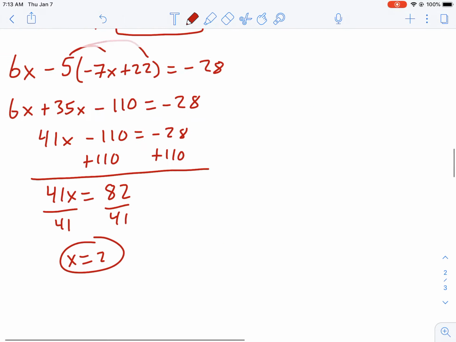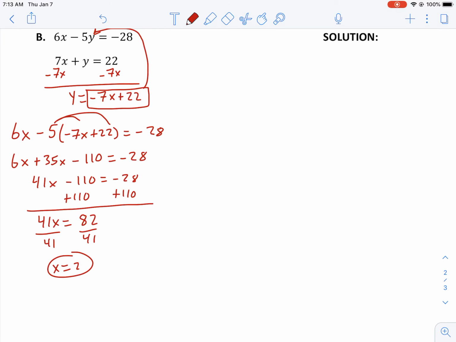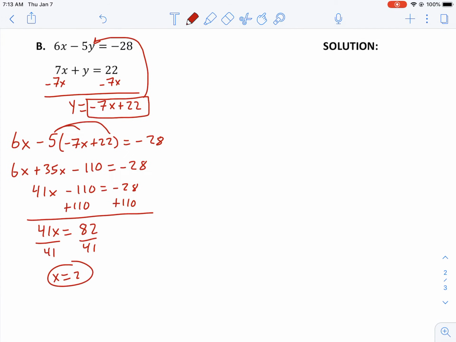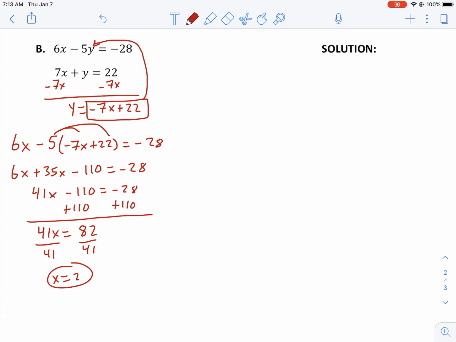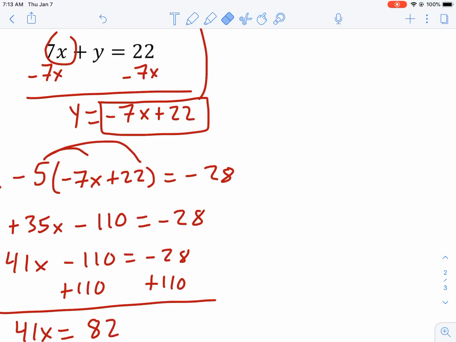So there's our first one. Now, remember, I said you can choose where to plug this back in wherever you want. You could plug it in here, you could plug it in here, but I always say the easiest spot is to plug it in here. So you can plug it back into the equation that you made. By doing that, we've got y equals negative 7 times 2 plus 22.